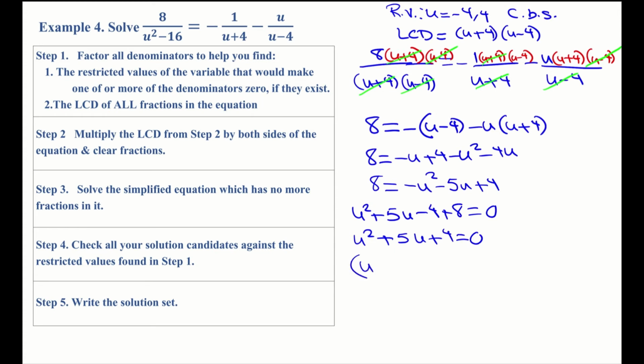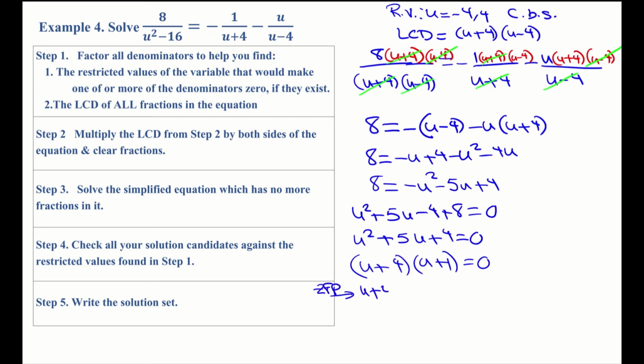So we have u plus 4 times u plus 1 equals 0. Let's make sure this factorization is correct. First times first is first, last times last is last. Inner product plus outer product gives us the middle term, so it's correct. Now we apply the zero factor property.